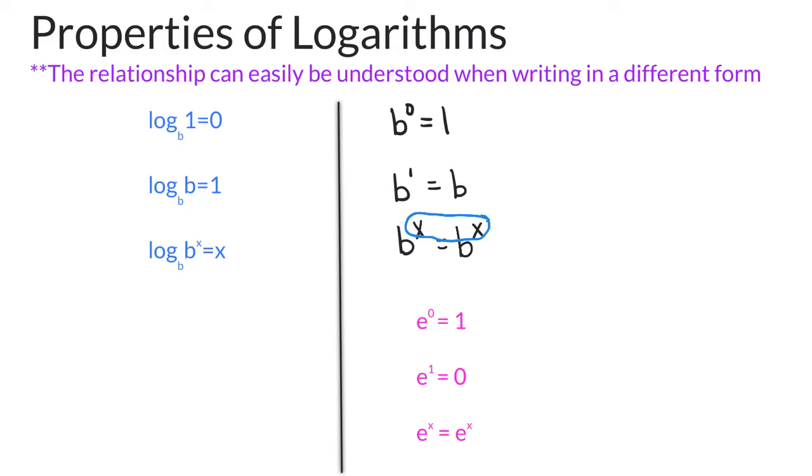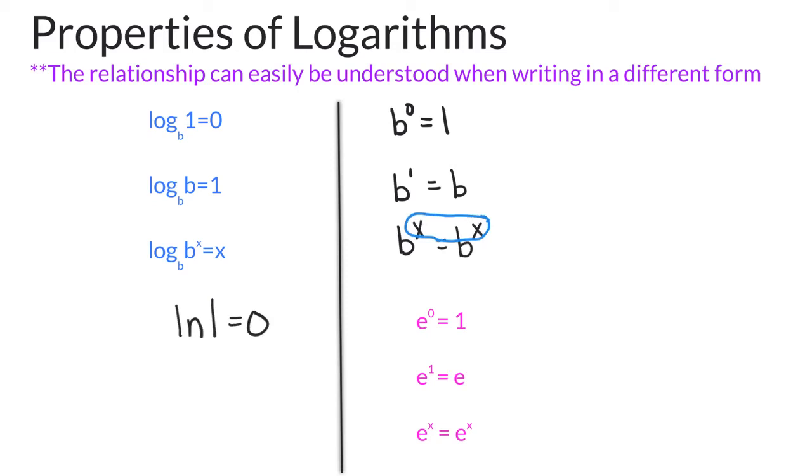Now these properties apply too when you're working with the natural logarithm. So here I've given you the exponential form, and we're going to transfer them into the logarithmic form using the natural log. This first one is saying e to the 0 power equals 1. So if we transfer it into logarithmic notation, the natural log of 1 is going to equal 0.